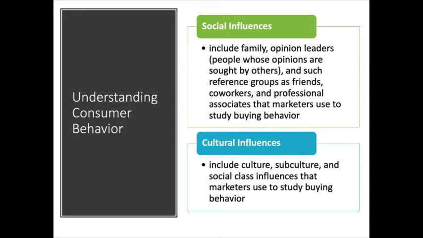Those would be celebrities or other influencers who people value their opinions, and such reference groups as friends, coworkers, professional associates, all these kinds of groups, social influences that marketers use to study buying behavior. And then the last type would be cultural influences, culture, subculture, and social class influences that will influence buying behavior, and so we study them as marketers.